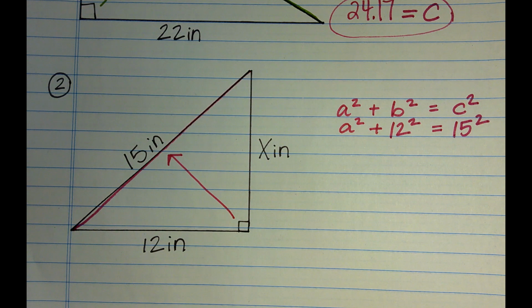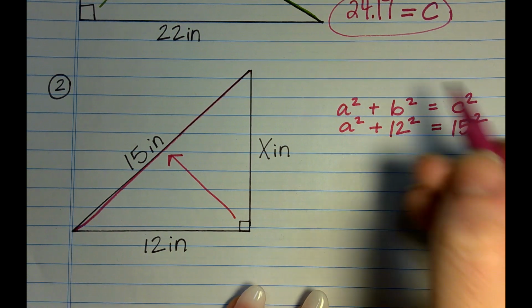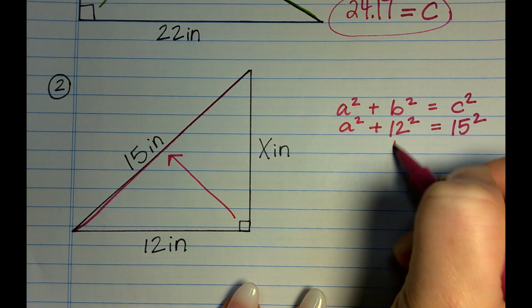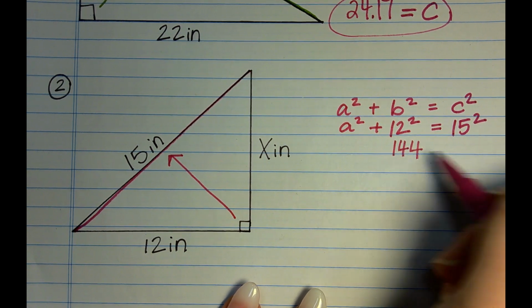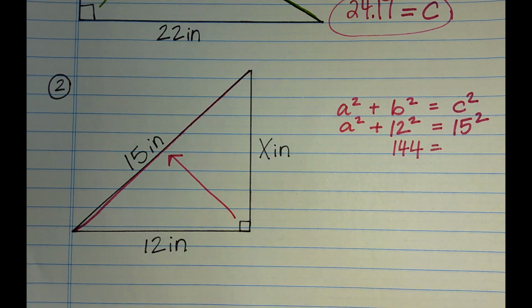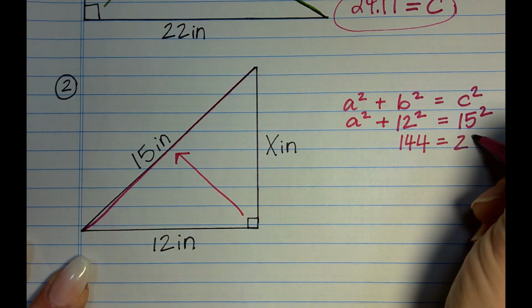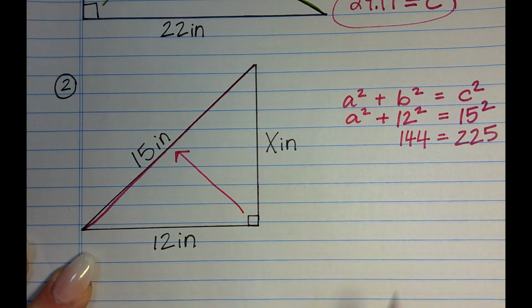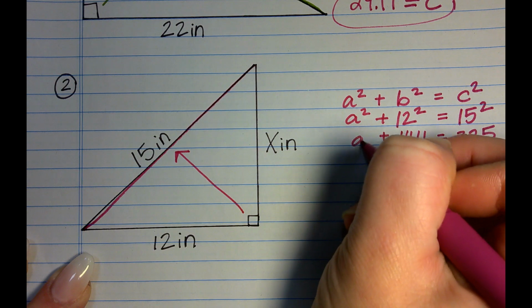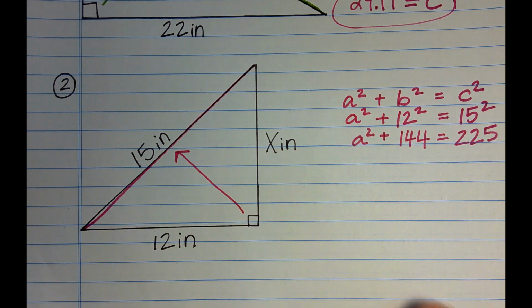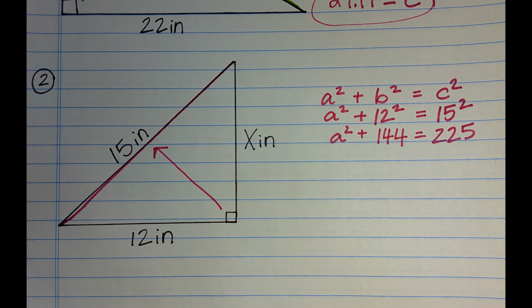Now we have our equation set up. What should we do? Square 12. Yes. 144. Square 15. What's 15 squared? 225. You're right. And we'll bring everything back. So now I have A squared plus 144 equals 225.